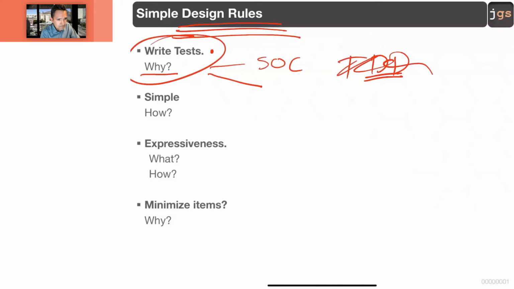One of them, separation of concerns. Why? Why does the fact that I think about the testing help me to separate concerns? Well, that is the goal of testing in general, right?